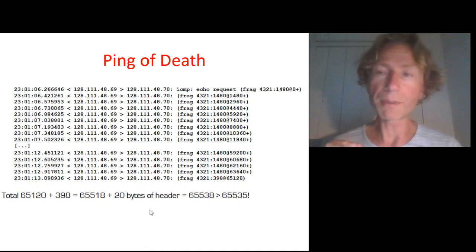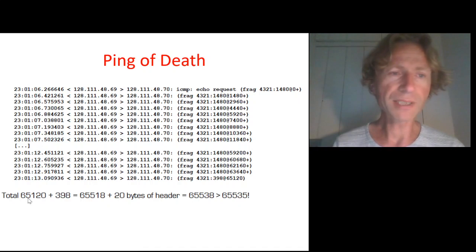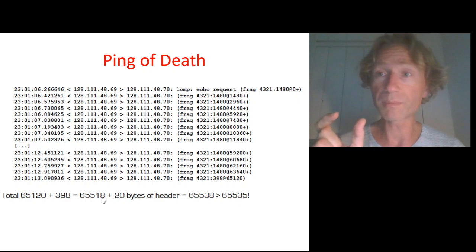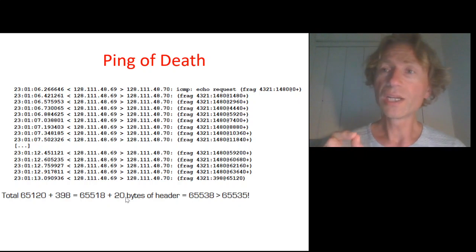If we do the math here, we have 65,120, that is the offset. We add to that 398, that's 65,518, so we're getting close to the maximum datagram size. But now we also have the header, an additional 28 bytes of header.